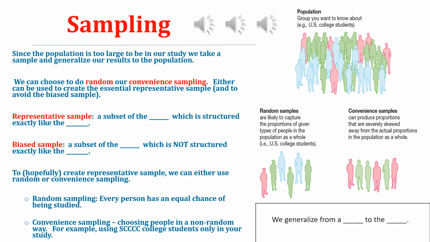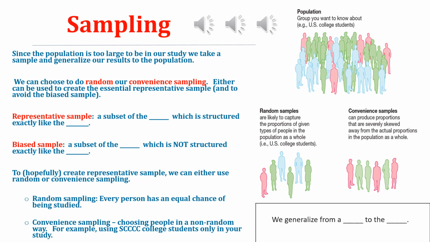We can either do random or convenience. In random, every person in the population, in other words, the group of interest, has an equal chance of being studied. Ideal, but that's kind of hard to do, so many times we settle on convenience sampling.